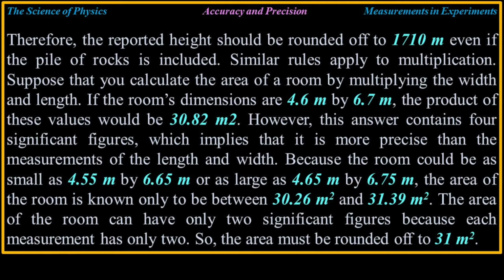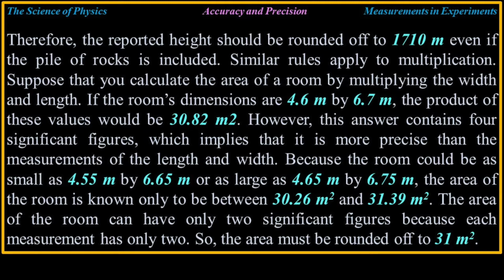Similar rules apply to multiplication. Suppose that you calculate the area of a room by multiplying its width by its length. If the room's dimensions are 4.6 meters by 6.7 meters, the product of these values would be 30.82 meters squared.